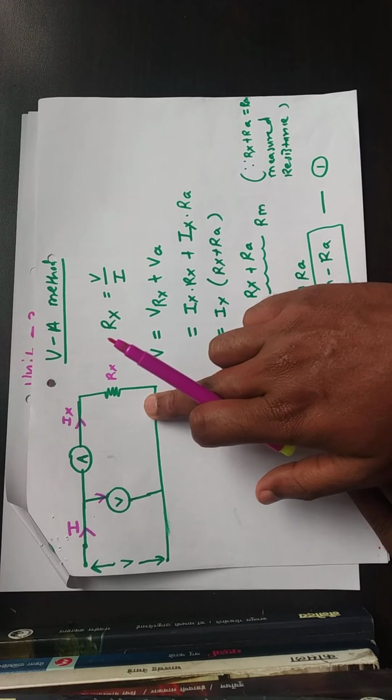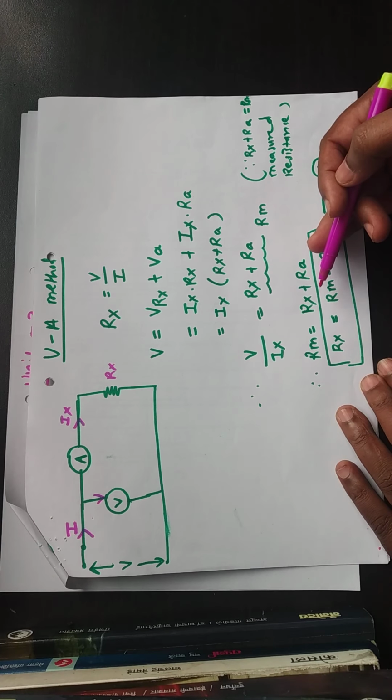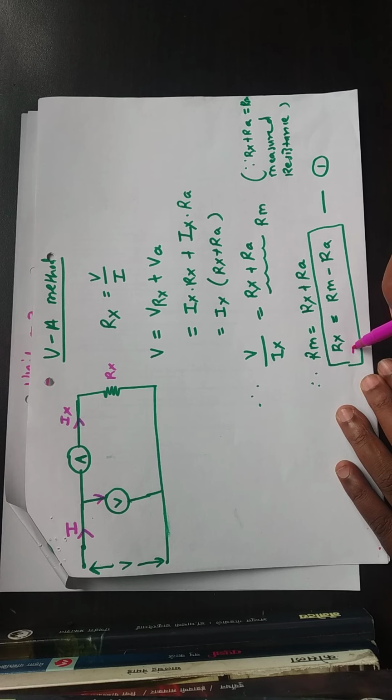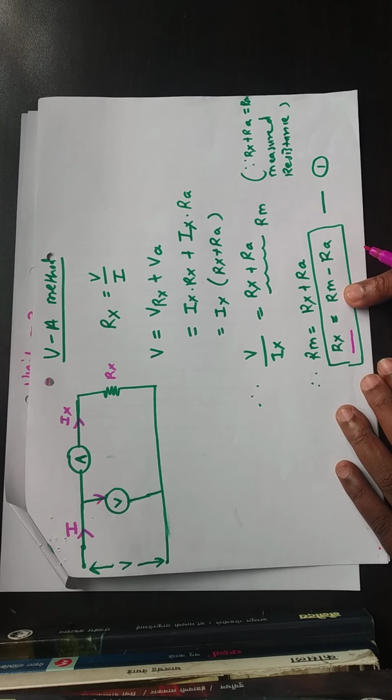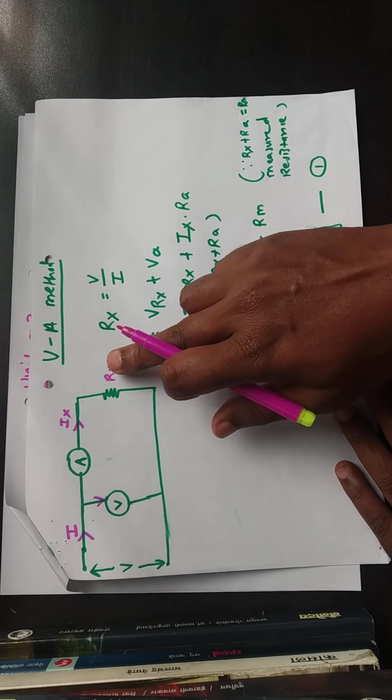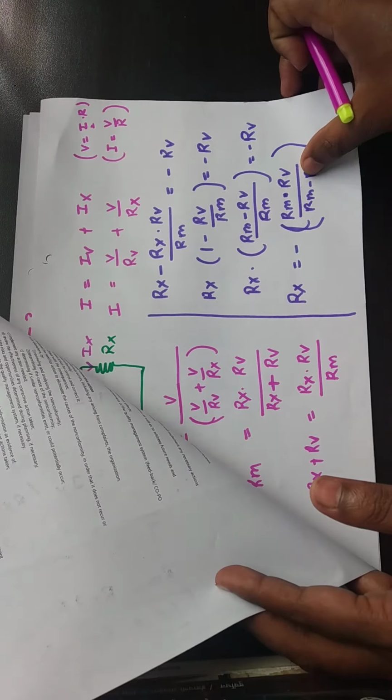This is one circuit configuration by which you can measure the unknown resistance, and we have derived the equation for the unknown resistance Rx, that Rx is equal to Rm minus Ra. We have shown that the measured resistance can be equal to your unknown resistance if and only if Ra, the resistance of the ammeter, should be 0, but in a practical case it is not possible.